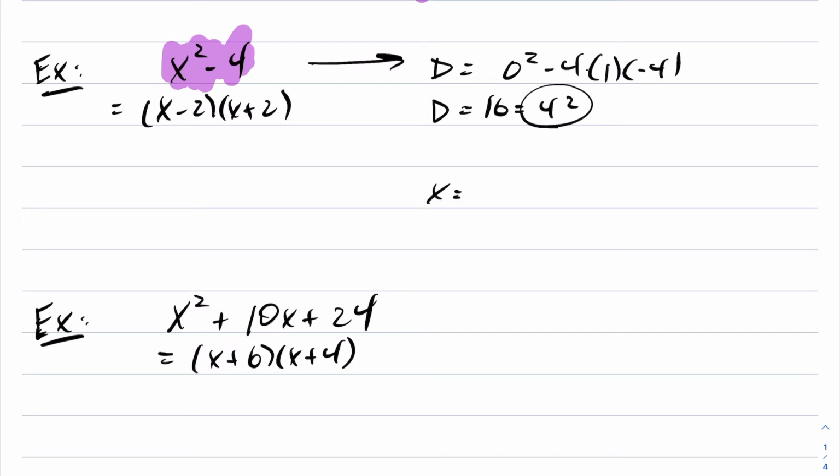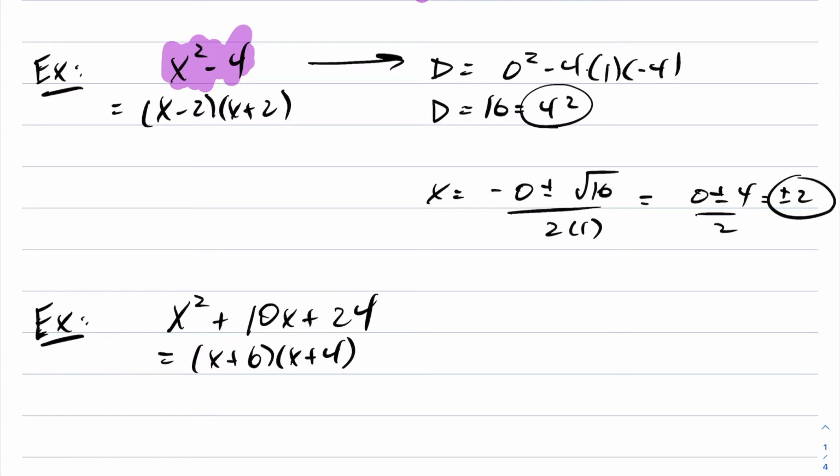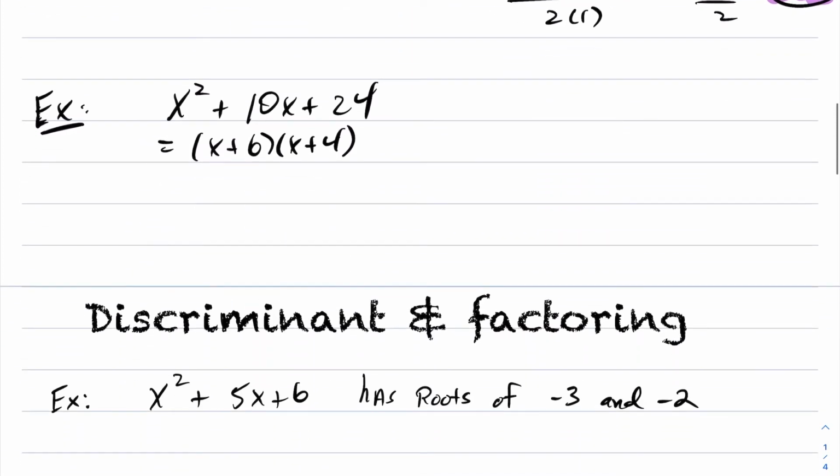So if you go ahead and calculate your roots here, it's going to be negative b, which is negative 0, plus or minus the square root of 16 over 2 times 1, which is 0 plus or minus 4 over 2, which is plus or minus 2. Those are the roots we would normally get if we factored. But the point being here is, again, I have a quadratic that is factorable, has integer roots, and its discriminant was a perfect square.